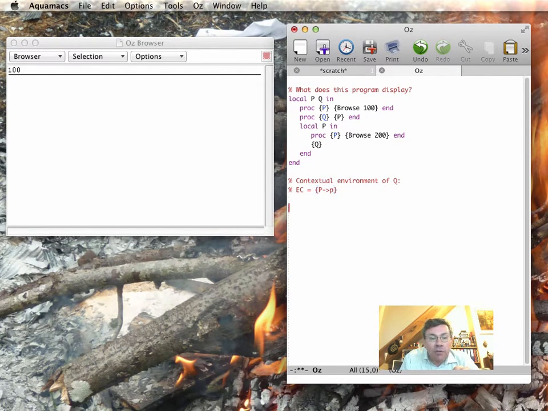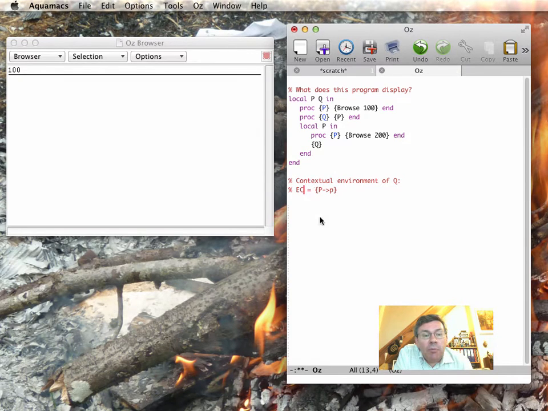Now, a second question is, which identifiers inside of a procedure body have to be stored in the contextual environment? In fact, if you think about it, you can figure out what it has to be. It has to be those identifiers that Q has to remember because there's no other way for Q to remember them. So, for example, it does not need to reference the arguments.